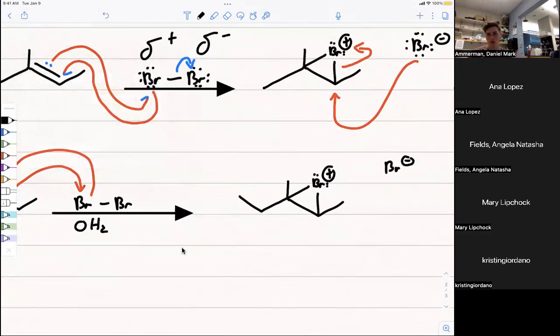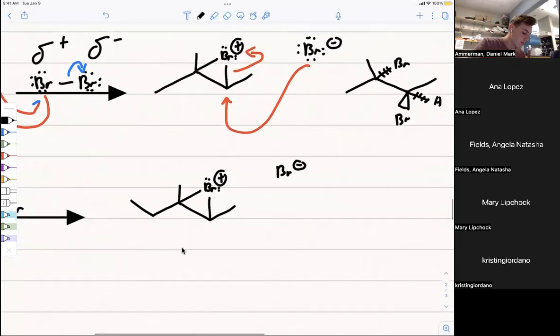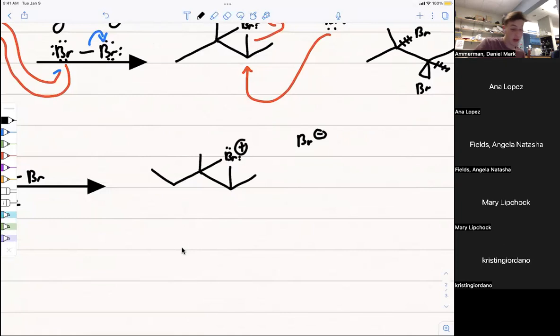Does anybody know which one of those is a better nucleophile? I have horrible luck when I ask people questions on Zoom, so I'm just going to go straight to the answer. It's the OH2. So yeah, H2O is a better nucleophile than Br.